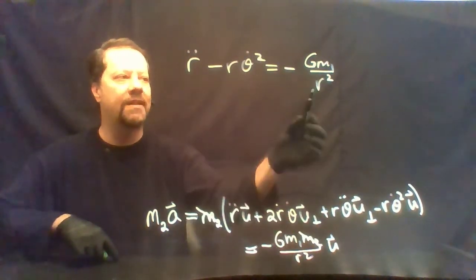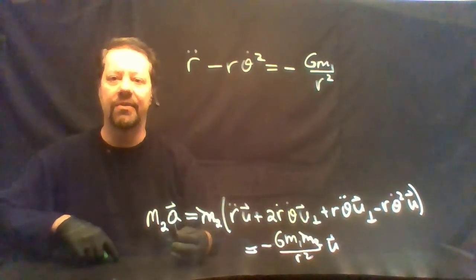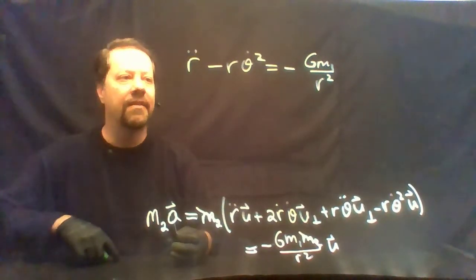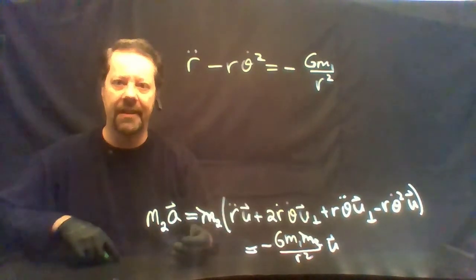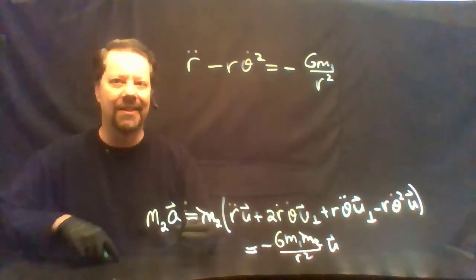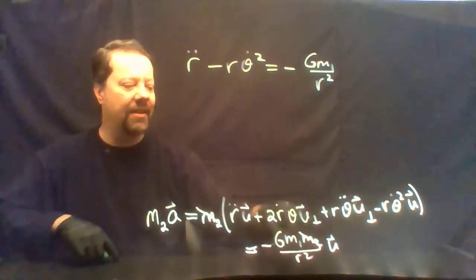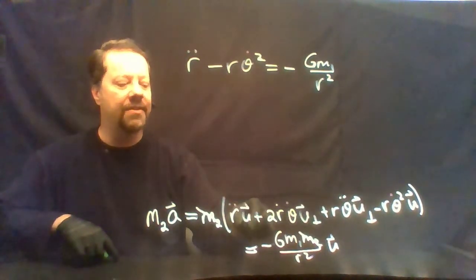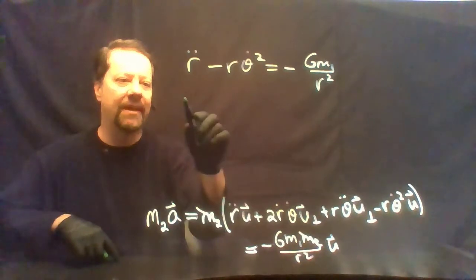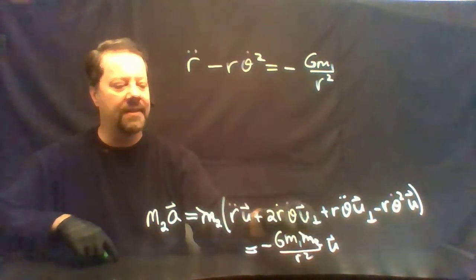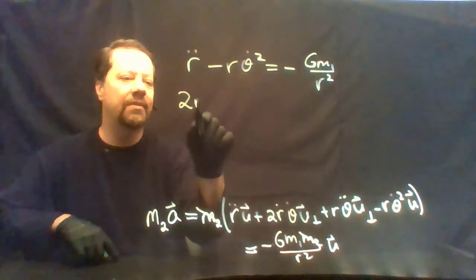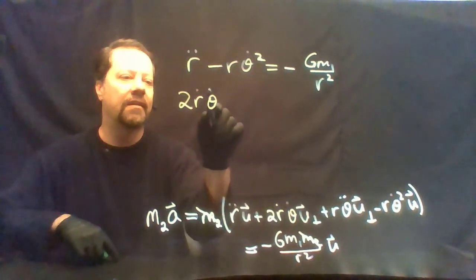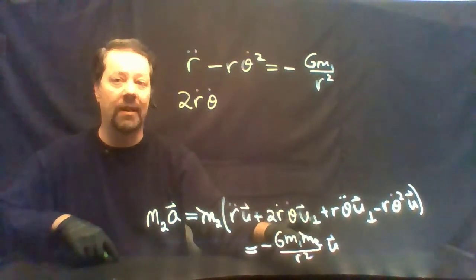This gives us one differential equation in two unknowns. The two unknowns are the function r and the function theta. We can get another equation by dotting the same equation by u perp instead. When we dot the first term with u perp, we get 0. On the second term, we get 2 r dot theta dot times 1.